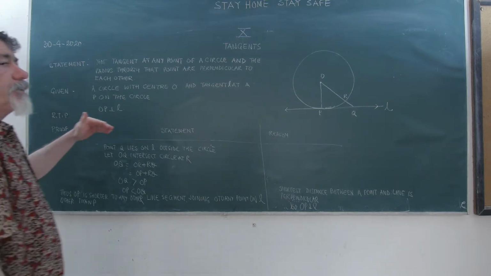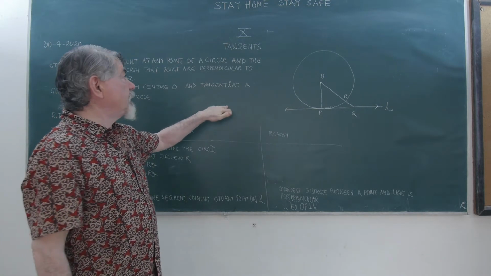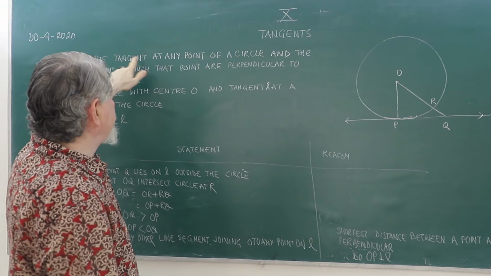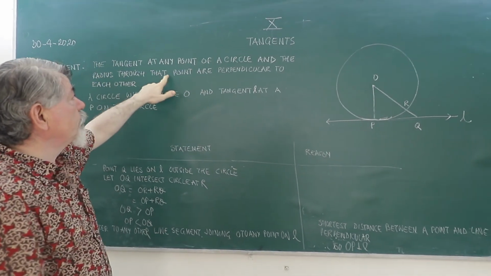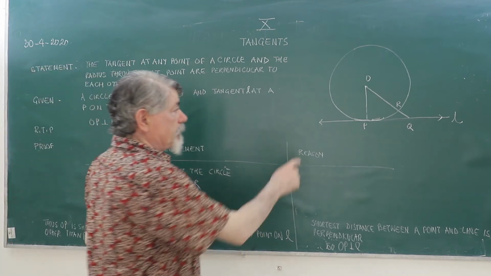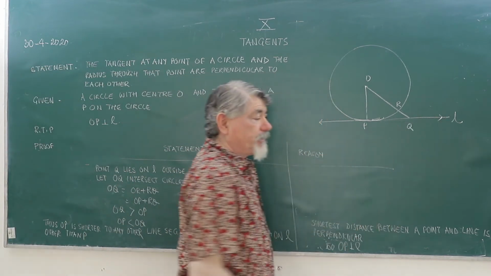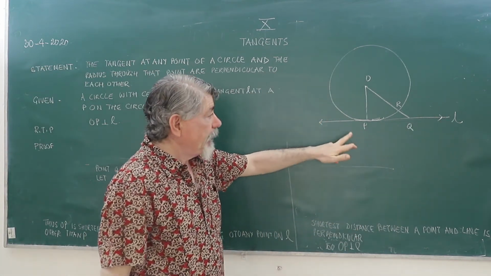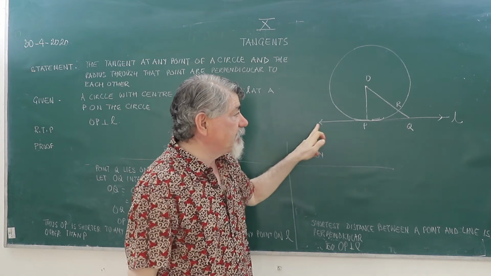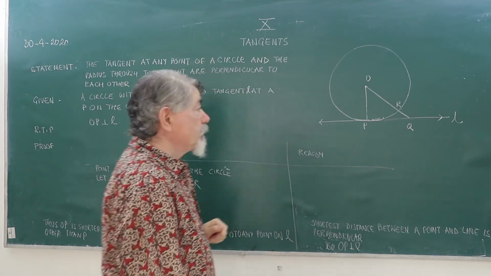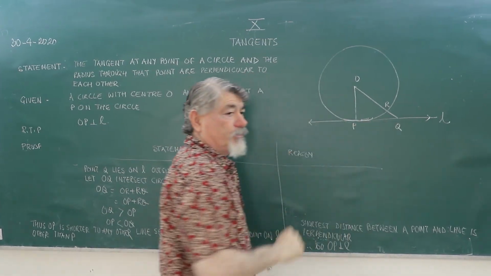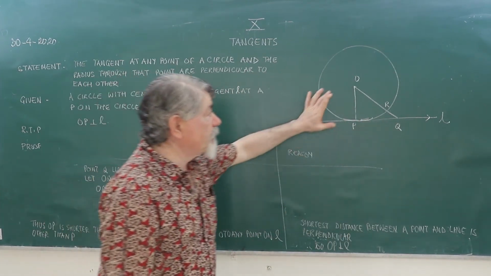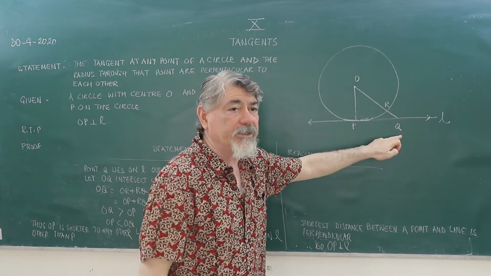This is the converse of the first theorem which we did just now. Here it says the tangent at any point of a circle and the radius through that point. This line L is the tangent at point P, and PO is the radius through that point. So OP will be perpendicular to the tangent.